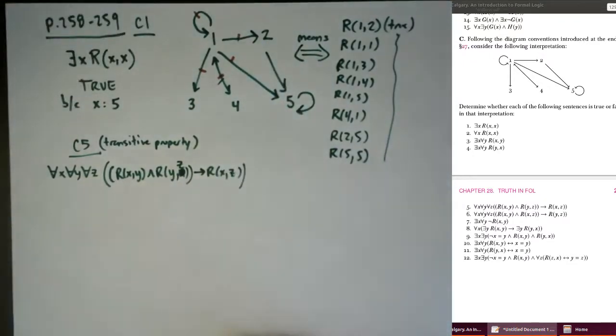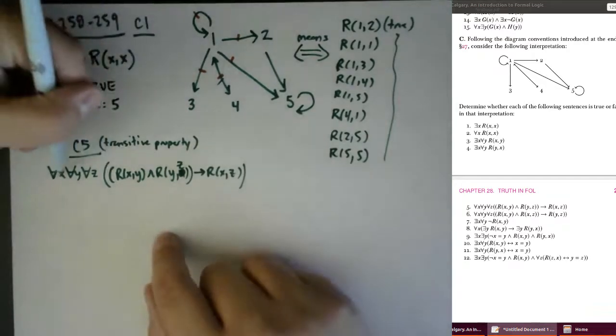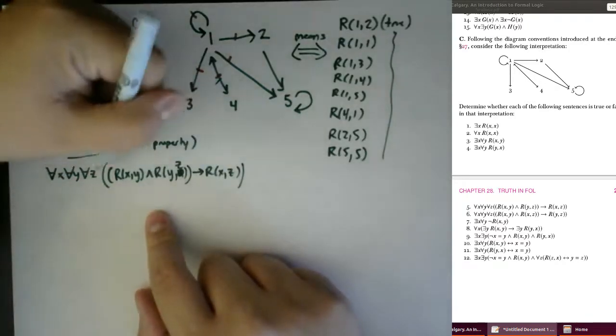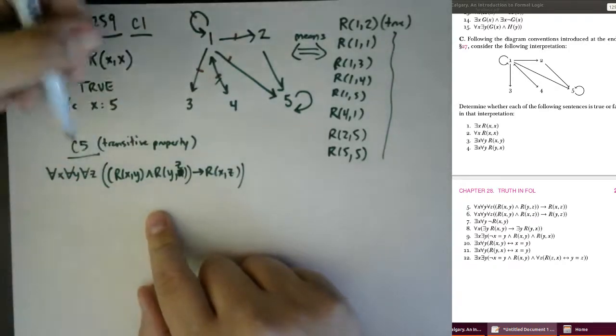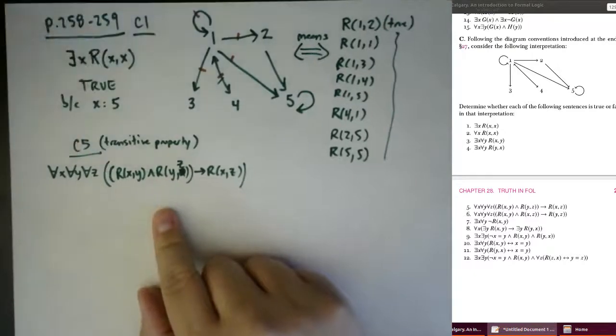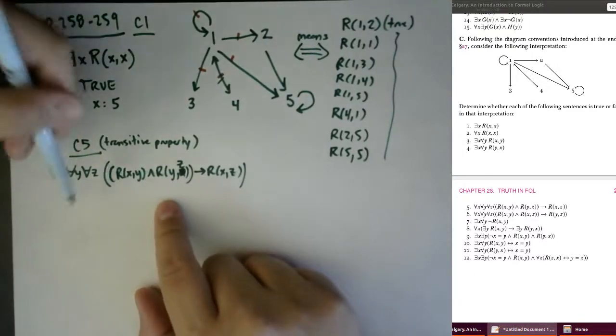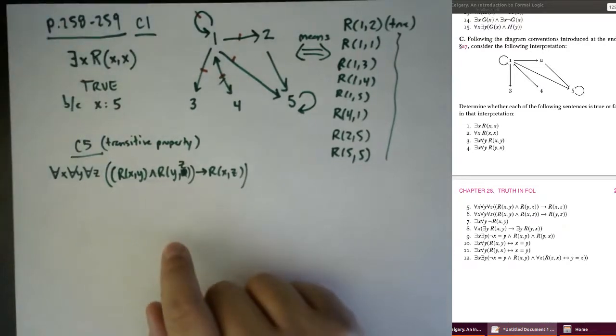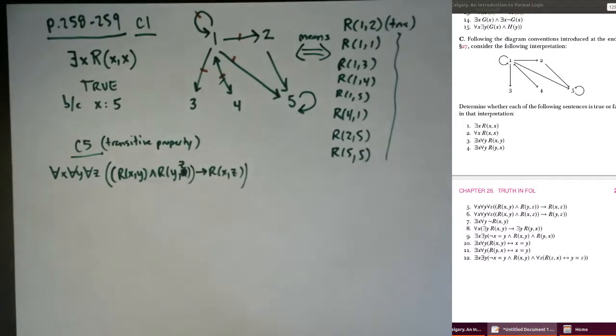So maybe we should look for a counterexample, okay? So if we found an X, a Y, and a Z such that this implication was false, again, I don't know if that's the answer or not, I'm just thinking through it here, then we would fail to have it holding for all X, Y, and Z. The only way to know it does hold for all X, Y, and Z is to check everything. So my guess is probably this is going to be false.